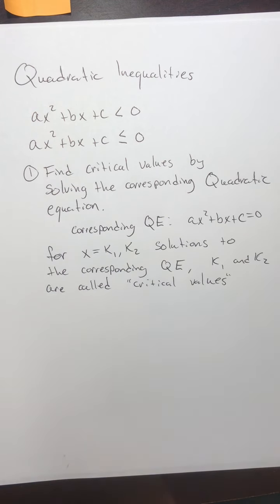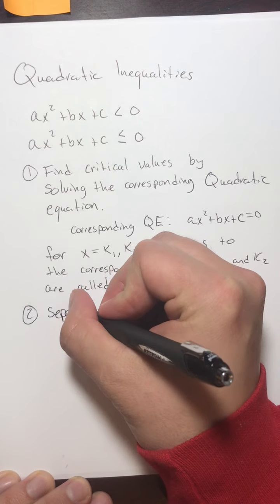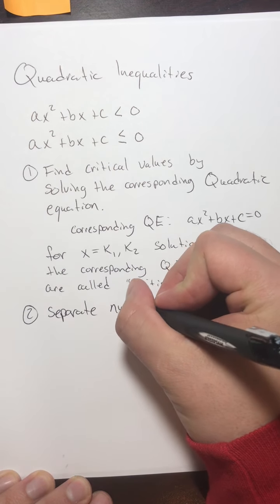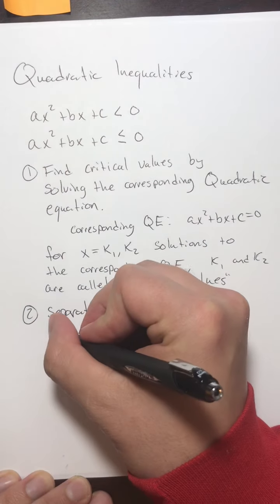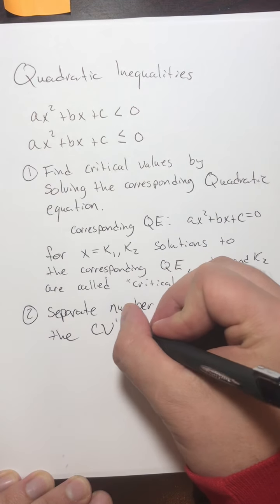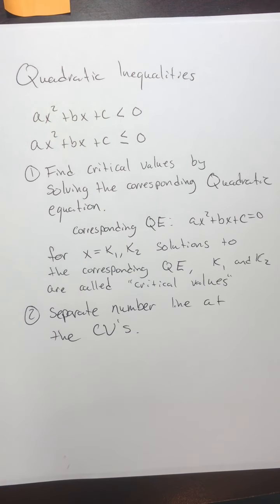and then we are separating the number line. CVs is short for critical values. So then we're going to separate the number line at the critical values.